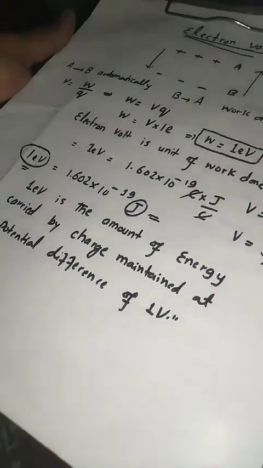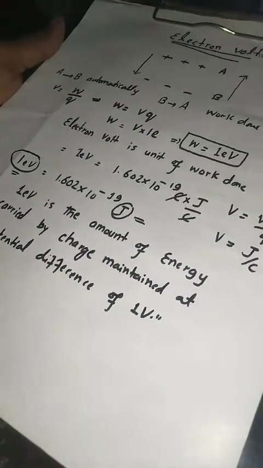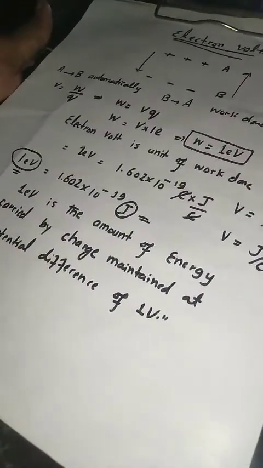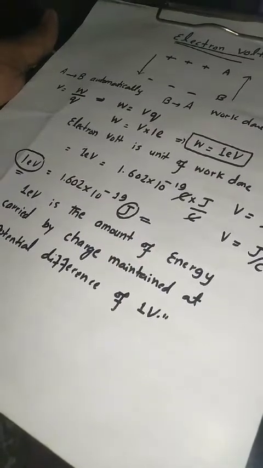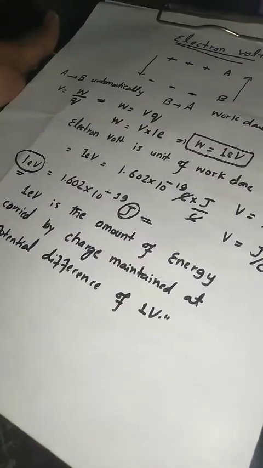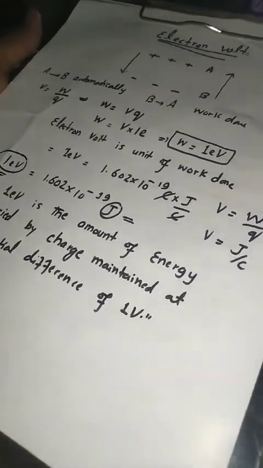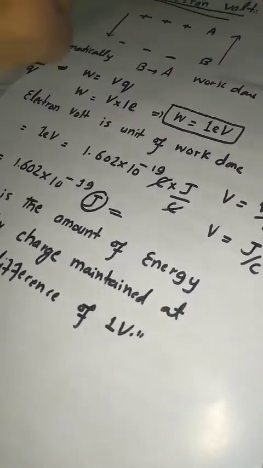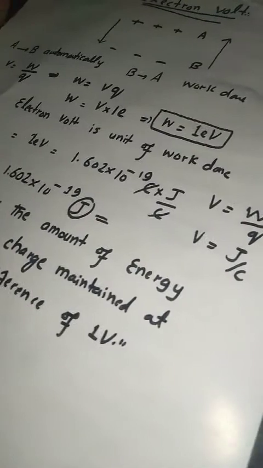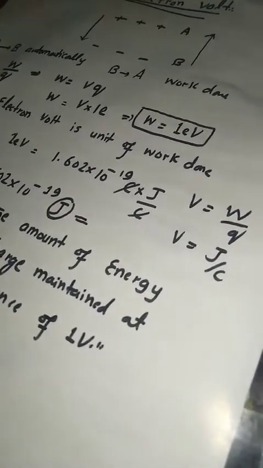When we carry this charge from B to A, we are storing energy. The energy stored is potential energy. When it goes from B to A, potential energy is stored. When it comes back from A to B, kinetic energy would be lost.